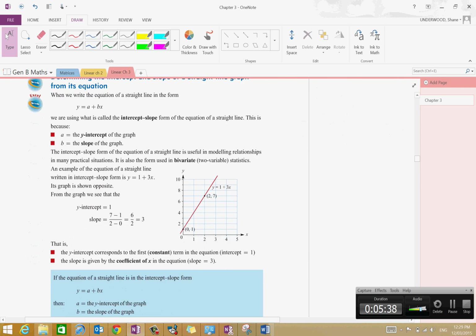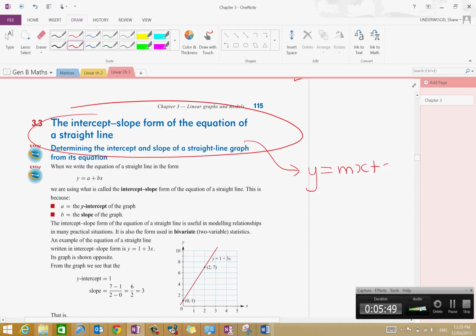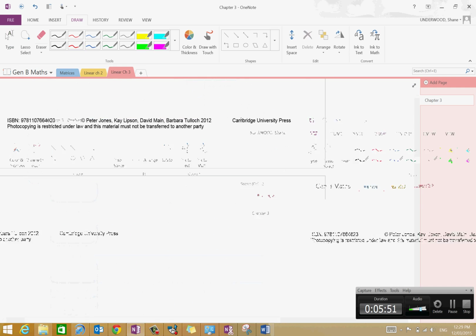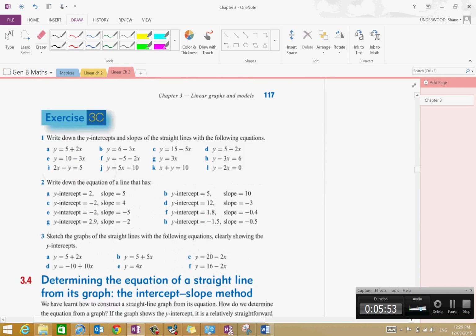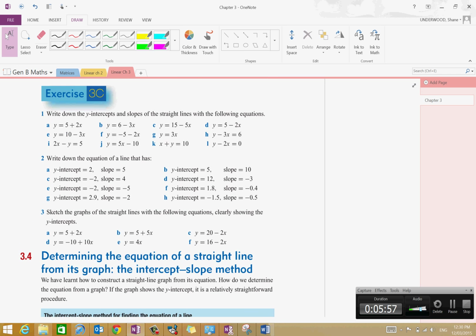Let's have a look at the slope-intercept form, or y equals mx plus c. All right, let's have a look at that, and that's basically a question from 3C. Let's go through all of that. Now it says here, sketch the graphs of these. All it says here is write down the y-intercepts and the slopes.